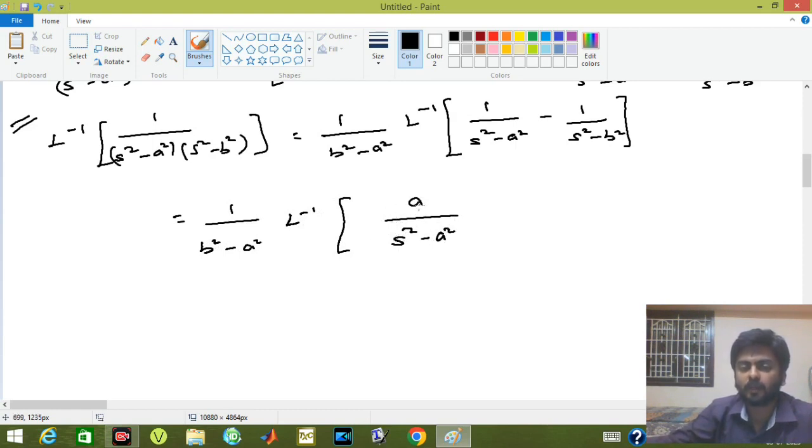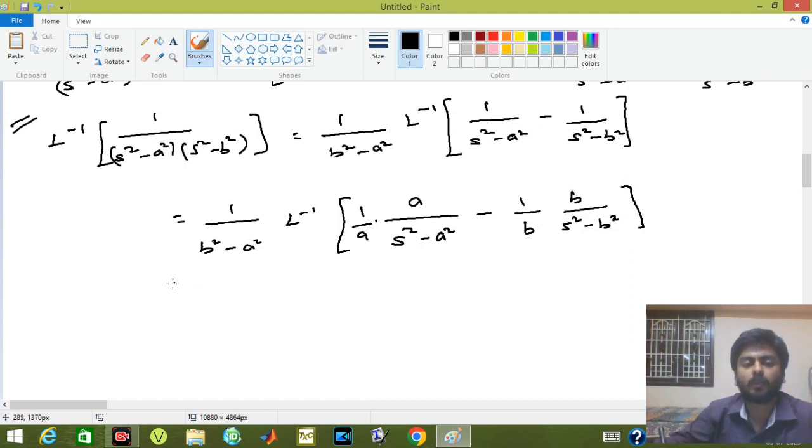So we are multiplying the numerator by a and dividing by a, so it is 1 by a minus, in the same way multiplying and dividing by b, so you will get b divided by a square minus b square.